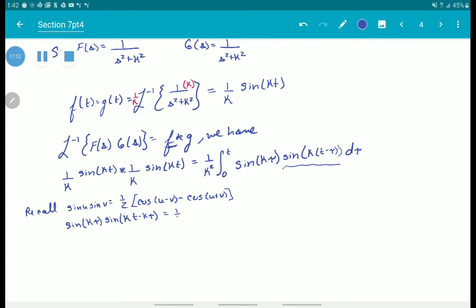So we're going to have 1/2 times cosine of k tau minus kt minus k tau, minus cosine of our u plus v.